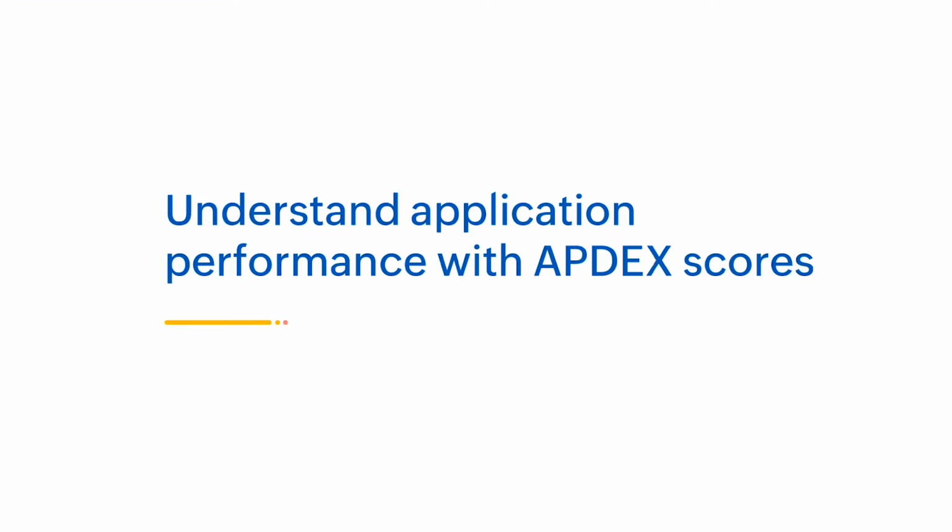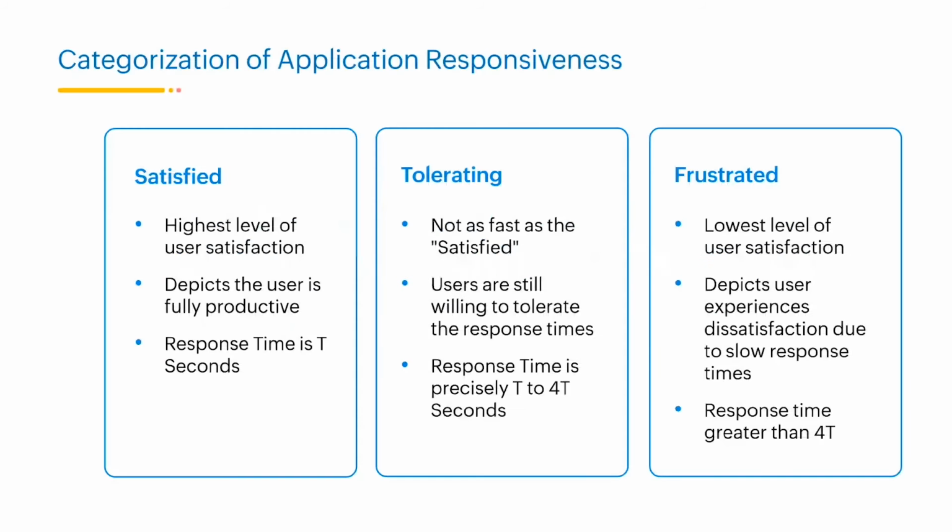And the application's performance with the Apdex score. We have categorized the application responsiveness into three different categories, which are satisfied, tolerating, and frustrated. Satisfied. This category represents the highest level of user experience where the application's response time is between the satisfied threshold and the excellent threshold.